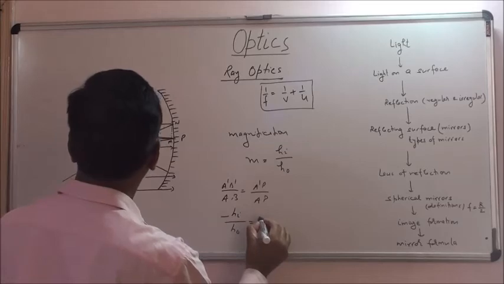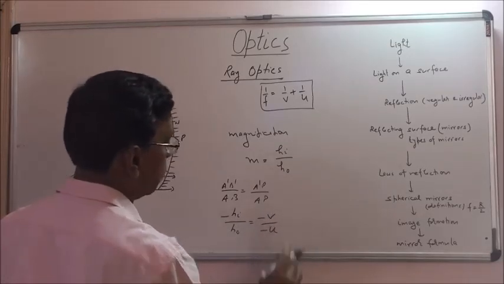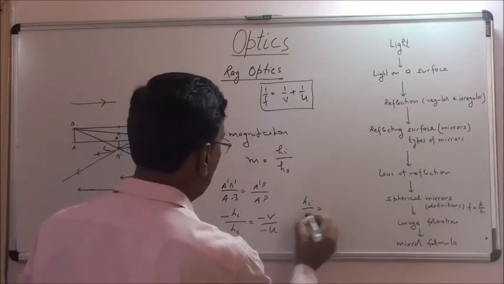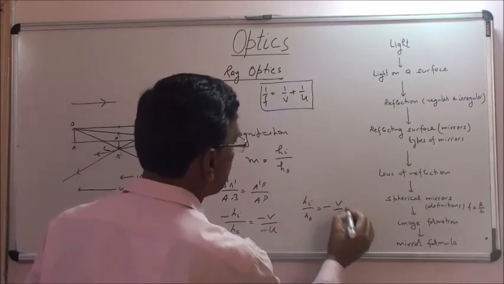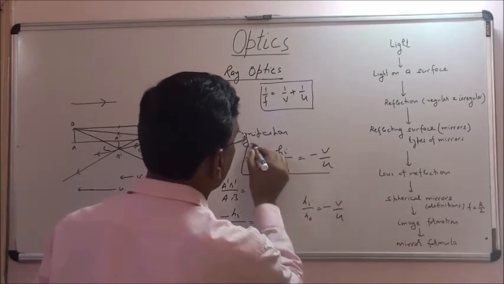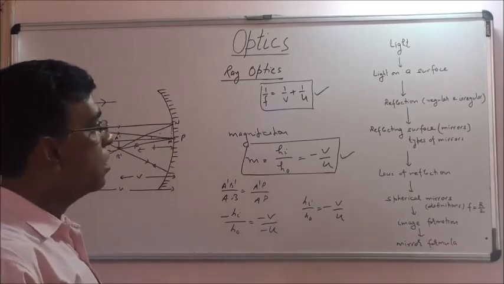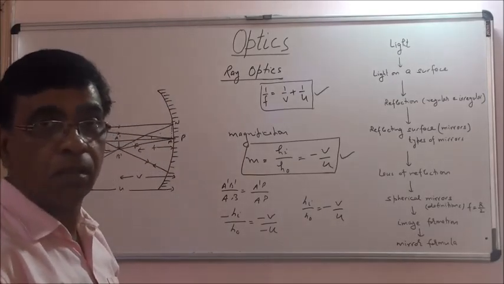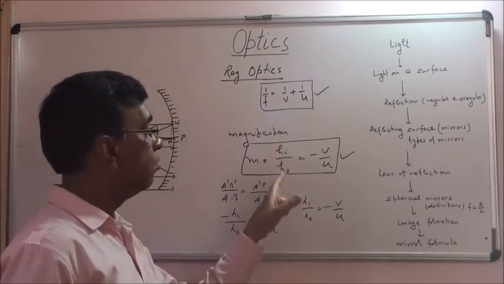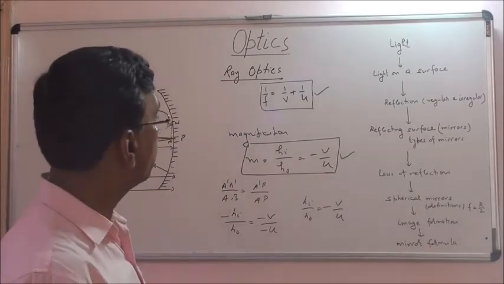A dash B is minus V, AP is minus U. So this gives HI upon HO equal to minus V by U. So these two expressions will give us the size of the image and the position of the image. Magnification formula, and this is the focal length formula.